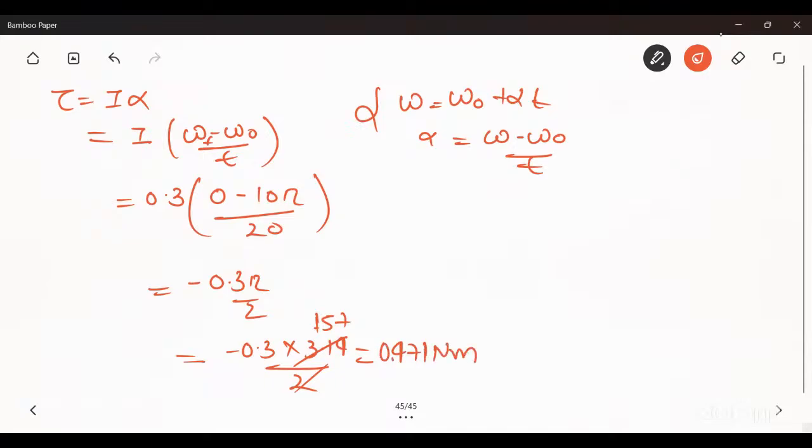It will be Newton meter. So that was your torque which was required to bring the body to rest.